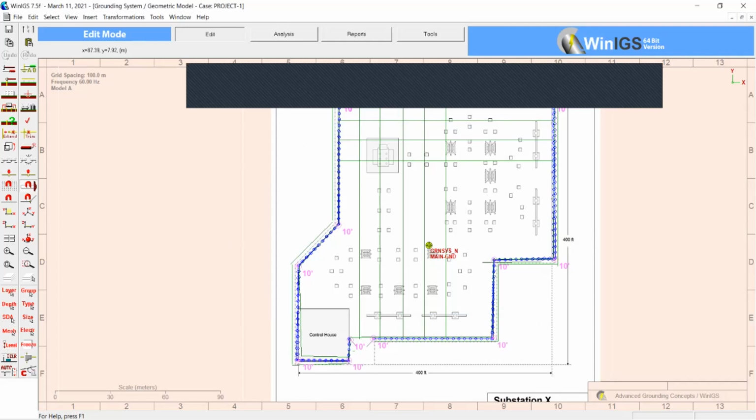Now your physical model is definitely there with the fence, ground conductor and ground rod, and the two-layer model data you put by averaging three different models is still there.